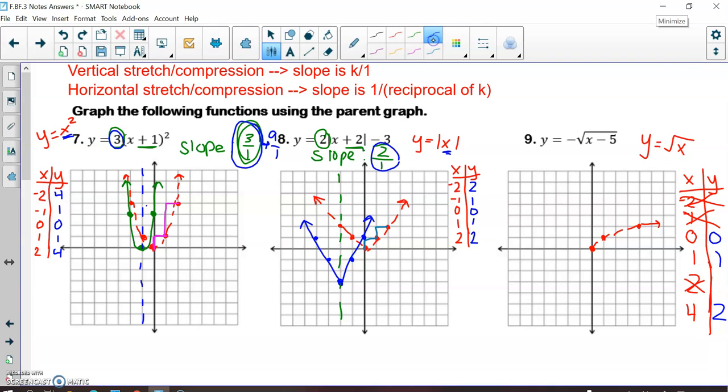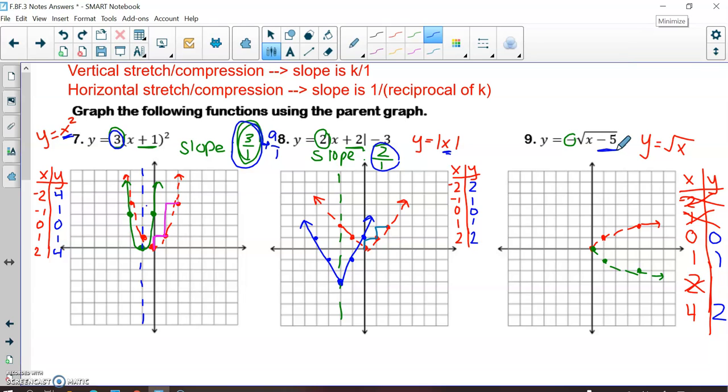And now I first have a reflection over my x-axis, which means all of these points flip over my x-axis. So this point stays, but the (1, 1) now goes here, and the (4, 2) now goes here. And this is my new function with just the reflection part. But now I'm going to translate that 5 units to the right.